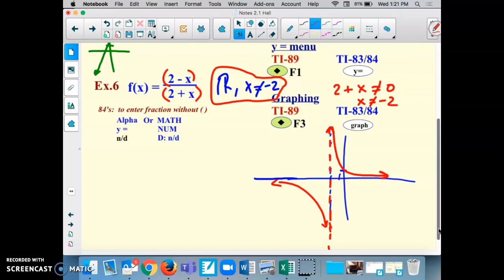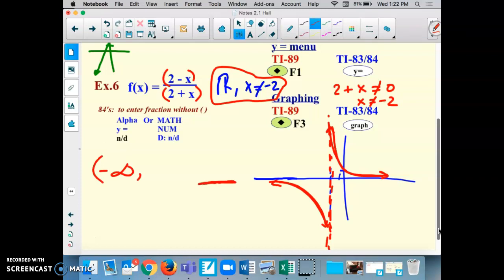Okay? So, what does that look like then in interval notation? Well, I can have everything except for -2. So according to my graph, I have the asymptote here. I put a little sketch here. Everything is good except for -2. So from -infinity, get rid of that bracket. Now infinity always has a parenthesis. So from -infinity, that's all the way out here.